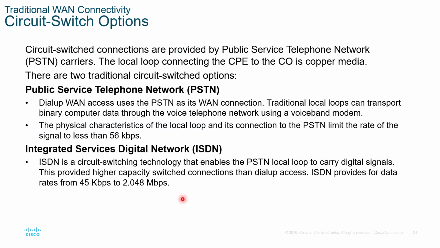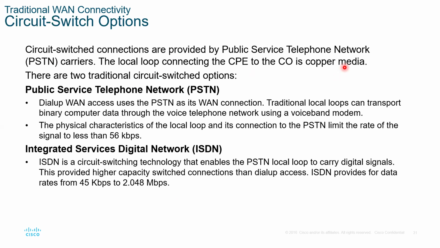Right, switched options. We now discuss PSTN and ISDN. What is that? Circuit switched connections are provided by PSTN carriers. The local loop connecting the CPE to the CO is copper media. There are basically two types of circuit switched options that we have, the PSTN and the ISDN.